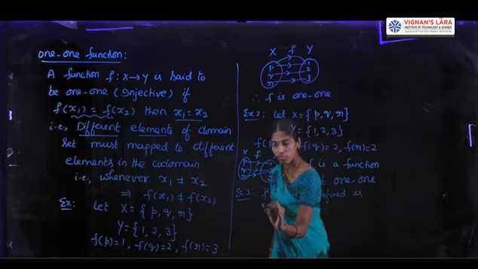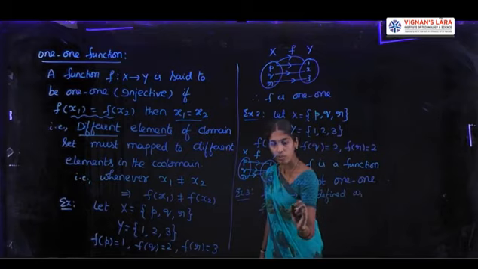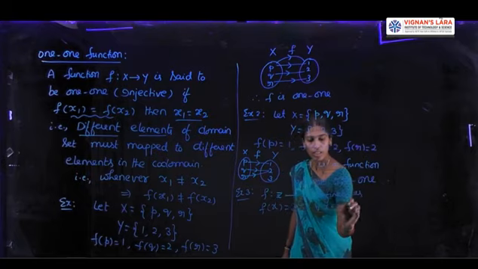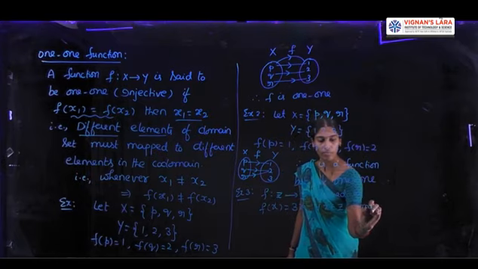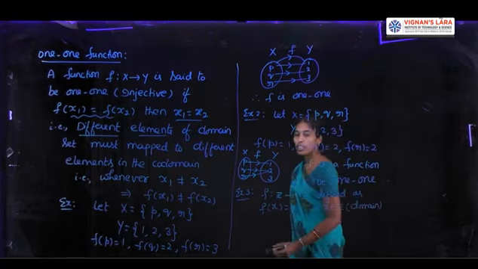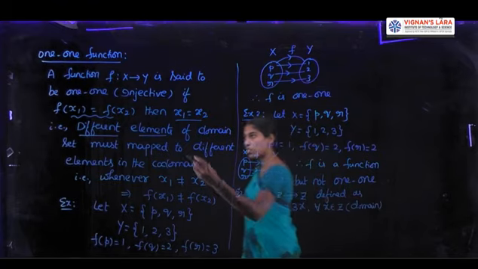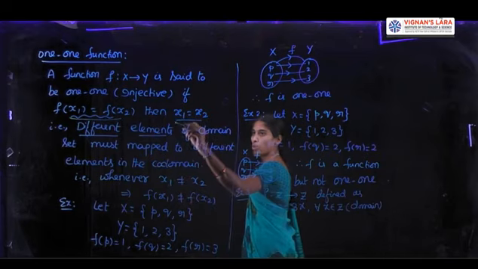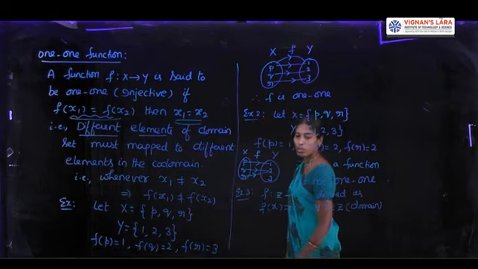Suppose we take another example, let f from the set of integers Z to Z be defined as f(x) = 3x for every x belongs to Z, which is the domain set. To prove that it is a 1-1 function, we use the condition: if f(x1) = f(x2), then x1 = x2.